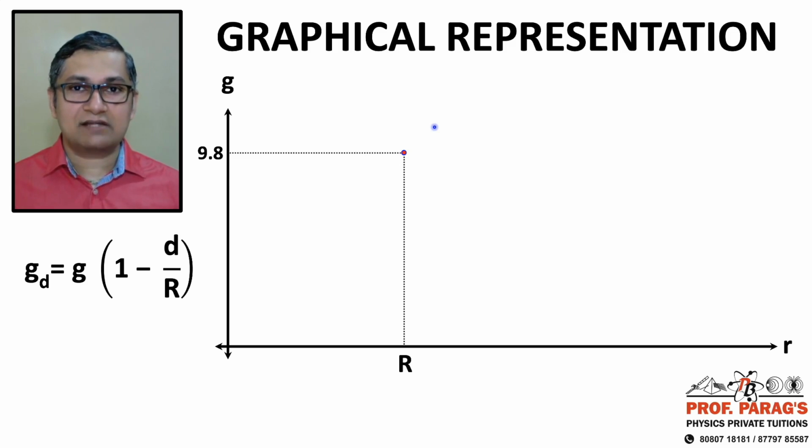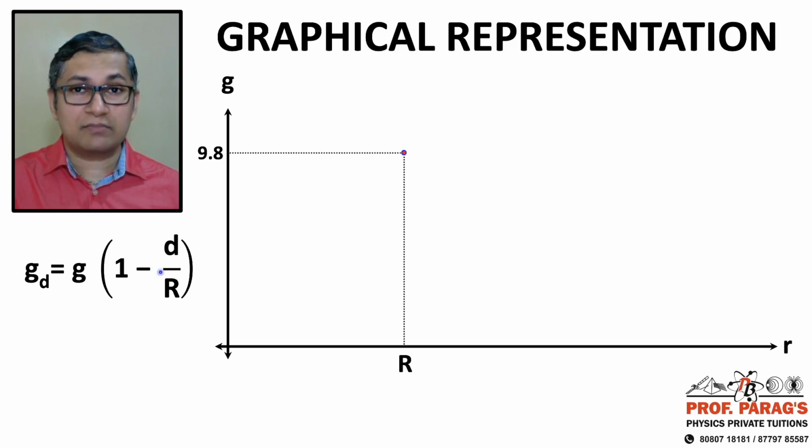Now, if I start increasing the value of the depth, so in this equation here, if small d is not 0, if it is increased further, then what is going to happen? Now, it's going to be 1 minus some number here, right? If I put small d 1 kilometer, 2 kilometers, 10, 15, 20, 100, 200, like that, if I increase the depth, if I go deeper and deeper into the surface of Earth, it's going to become 1 minus a bigger number.